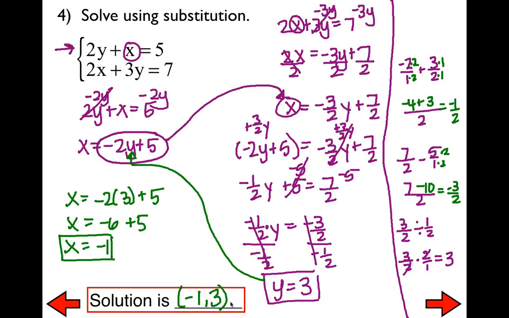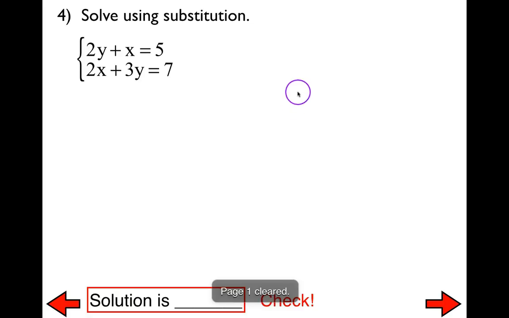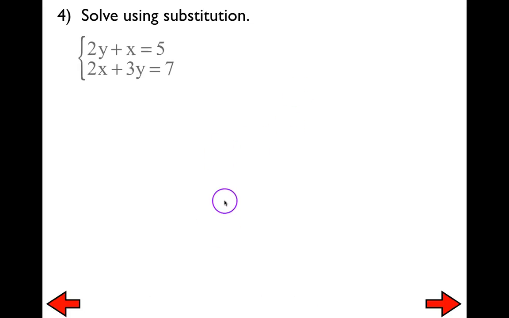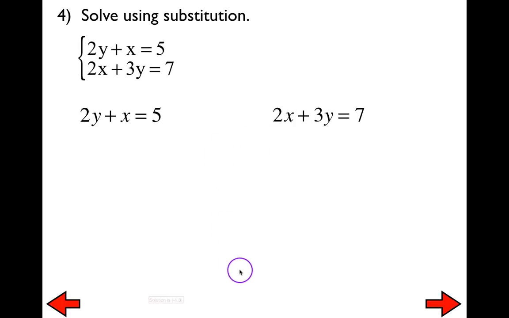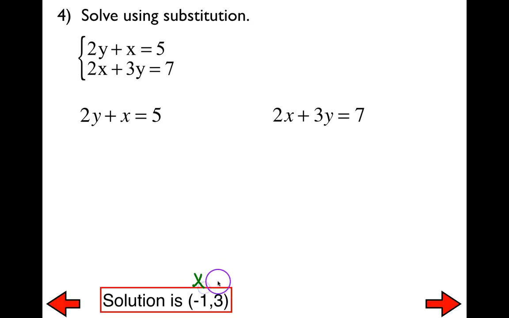But again, I'm saying that I think the answer is this because I still need to check my work. So let's go ahead and quickly do that. Just a friendly reminder, in this case, x is negative 1 and y is 3. So we have 2 times 3 plus a negative 1 is supposed to equal 5. Is this true?